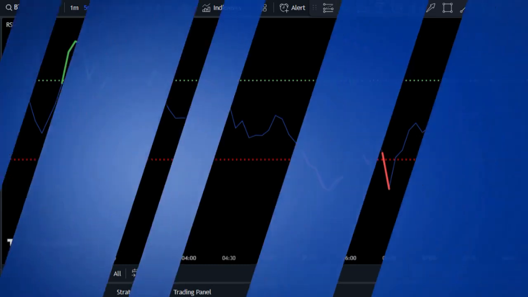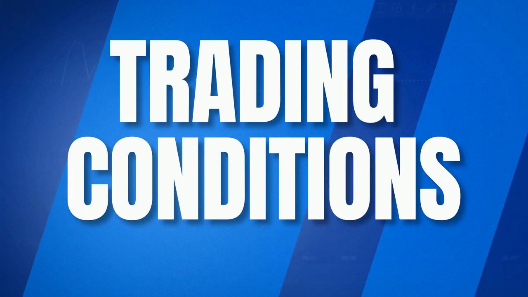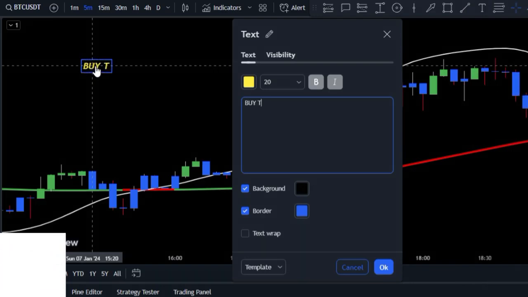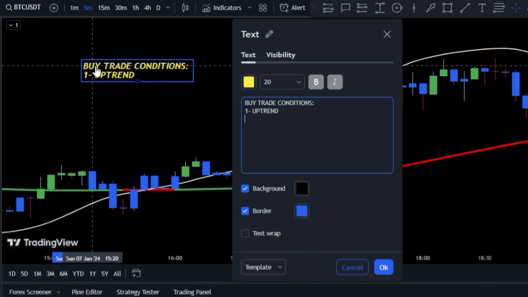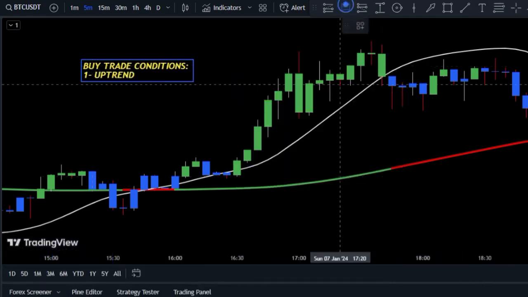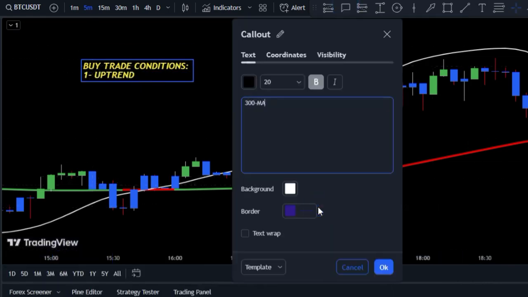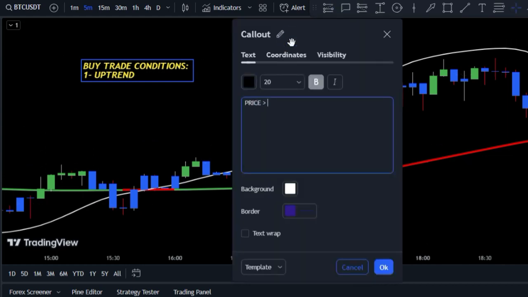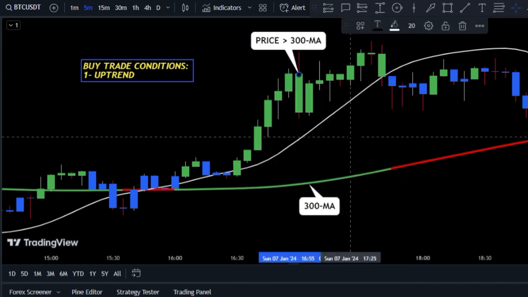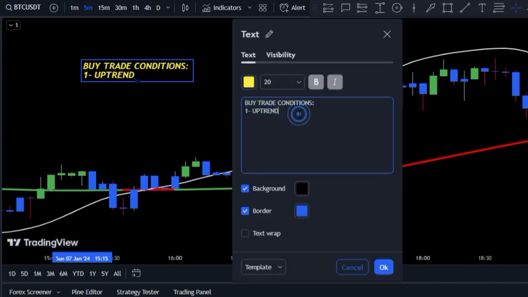Alright, let's talk about the conditions we need to consider before making a trade in either direction. For a buy trade, there are three key things to look for. First and foremost, we need to confirm that the market is in an uptrend. Next, we want to keep an eye out for a bullish crossover of the 50 moving average.